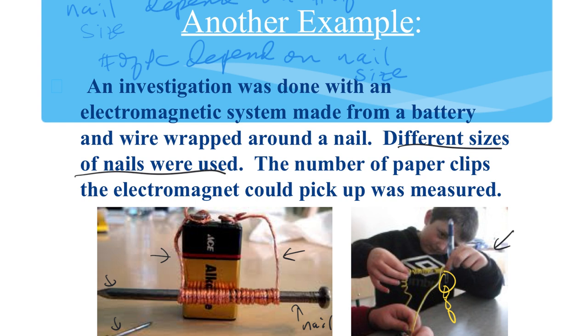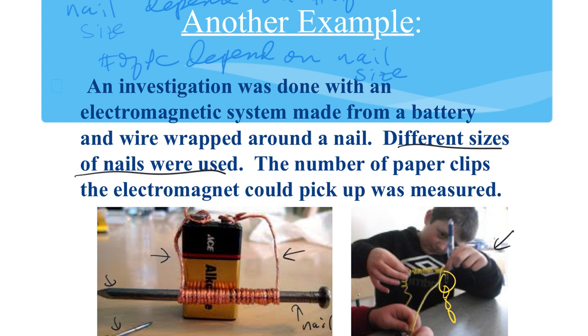Which one makes more sense? Well, nail size does not depend on the number of paper clips it can pick up. The nail size is independent of the number of paper clips it can pick up.